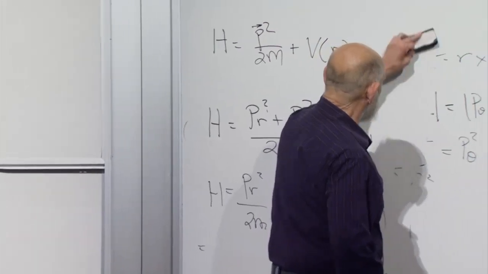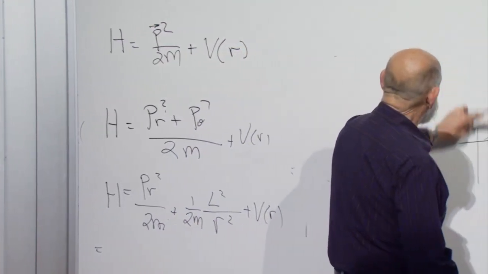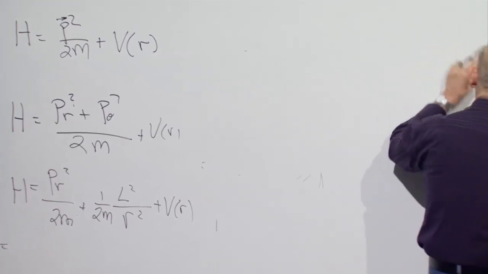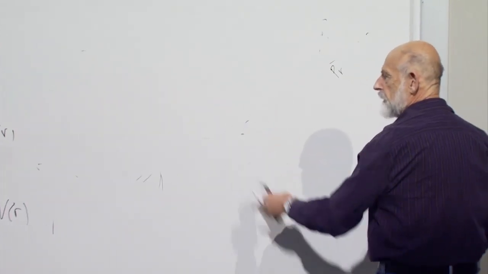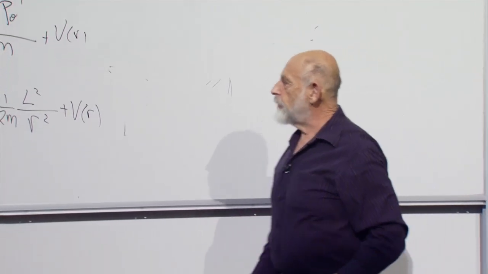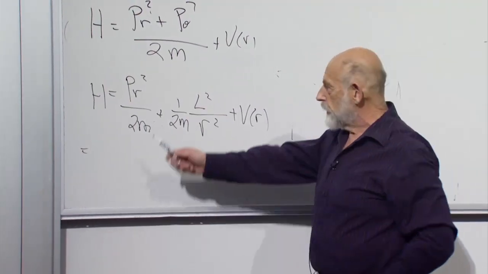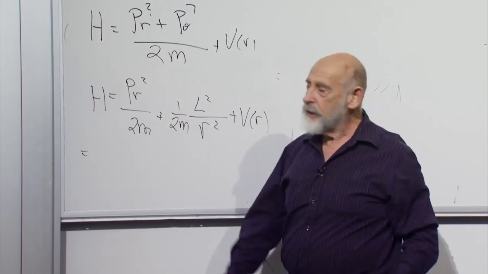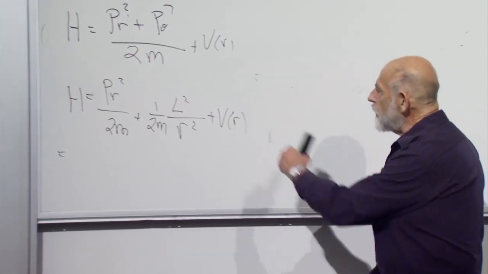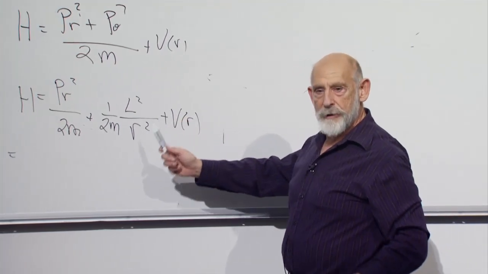Let's erase all of this now. Look at what we have. We have a problem which for all practical purposes could be thought of as a problem in one dimension, namely the radial direction, p r squared, plus a potential energy V of r, plus another term in the potential energy.